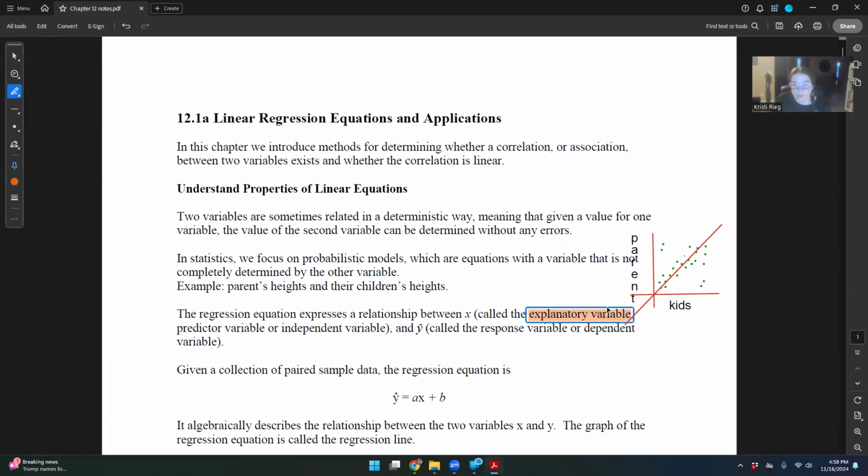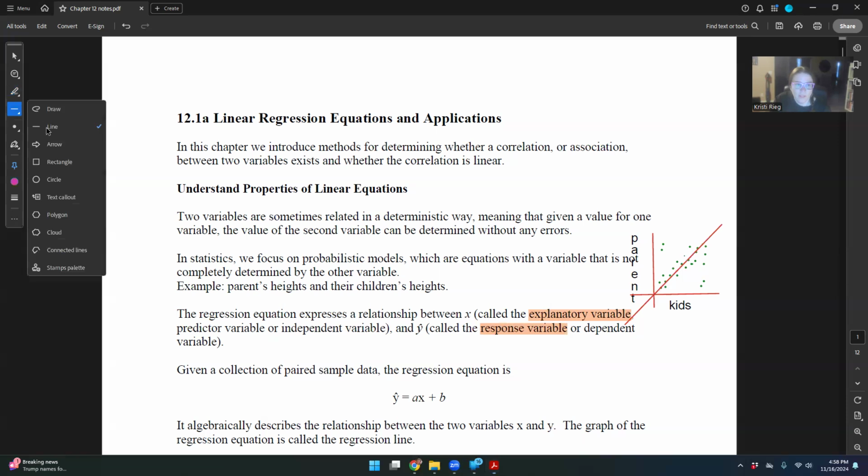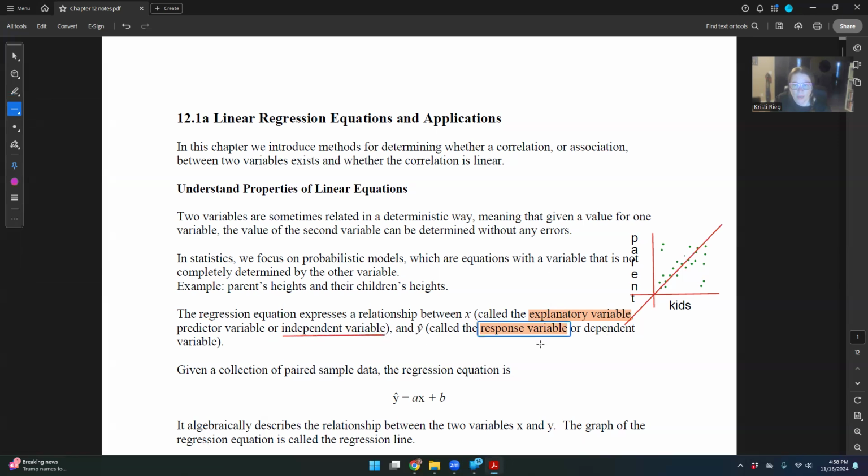We've talked about this before in chapter 1. And then the y, this is actually y hat, which is the response variable. Another word for explanatory variable is independent, because that can change. And another word for y hat, the response variable, would be dependent, because that would depend on whatever x is.